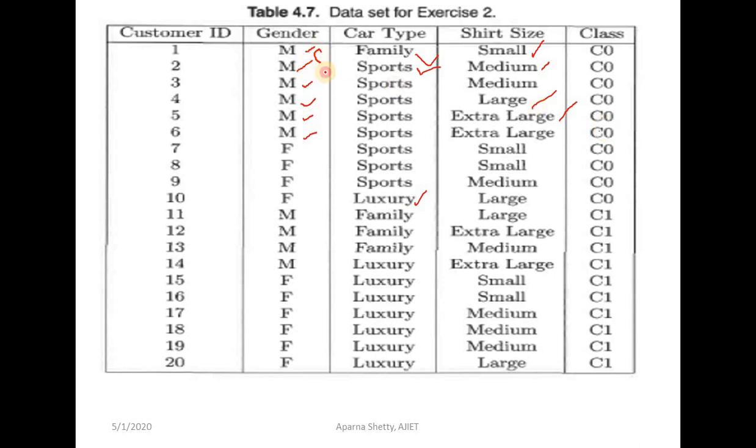So these 6 belong to class 0. How many males belong to class 1? 1, 2, 3, 4. These are all class 1. So 4 males belong to class 1.